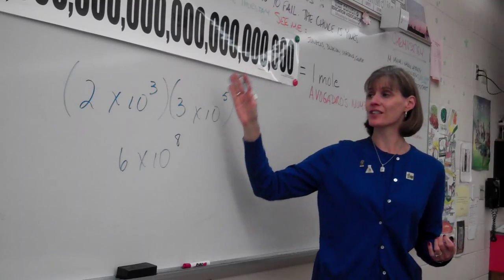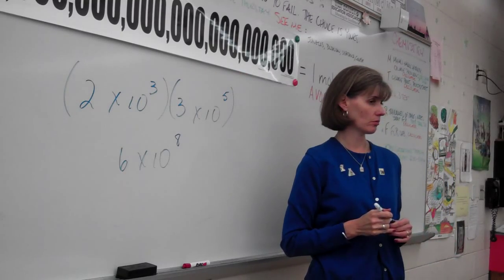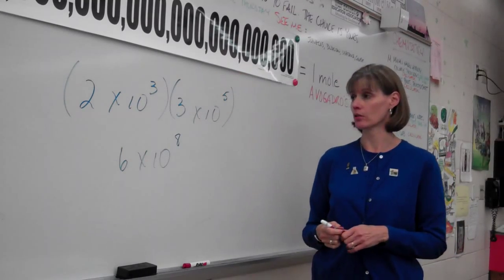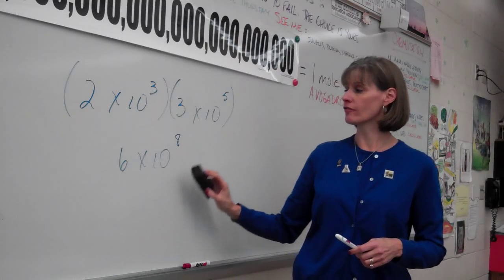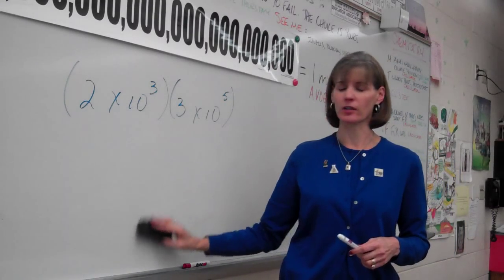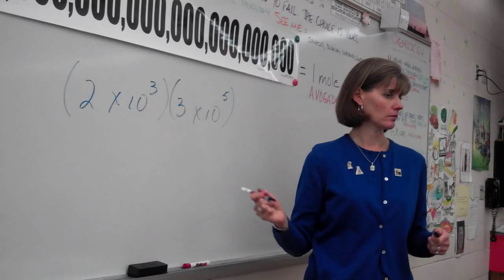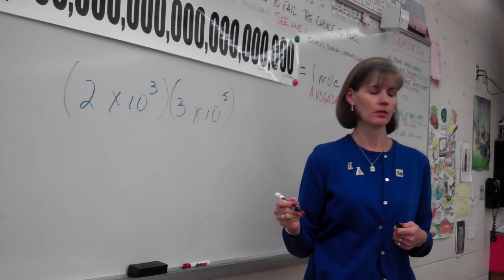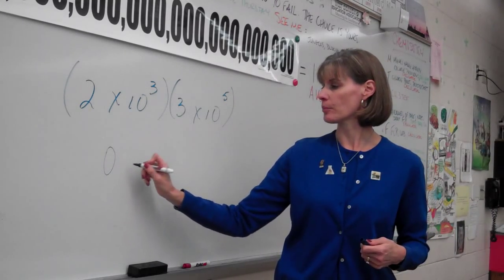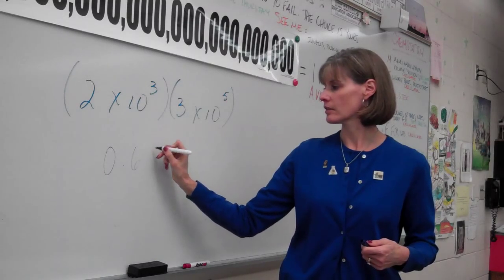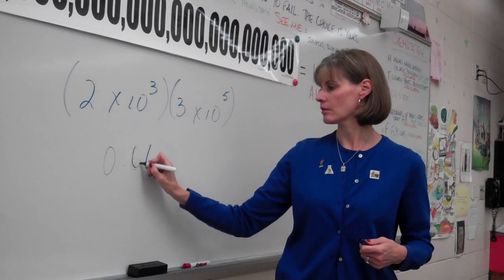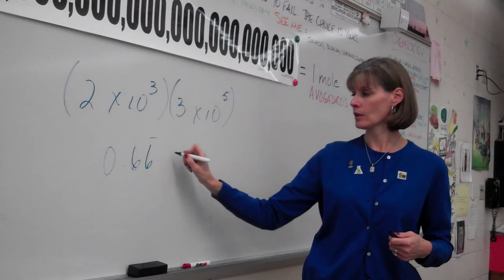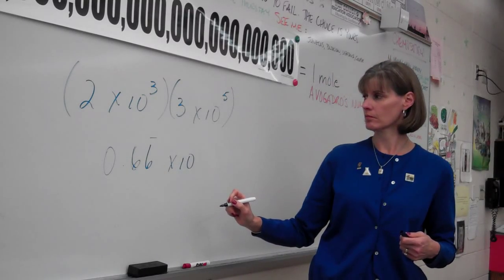What if we were dividing those? We would subtract the exponent. So 2 divided by 3 would get us what, roughly? In decimal? Okay, 0.66 repeating, times 10 to the what?